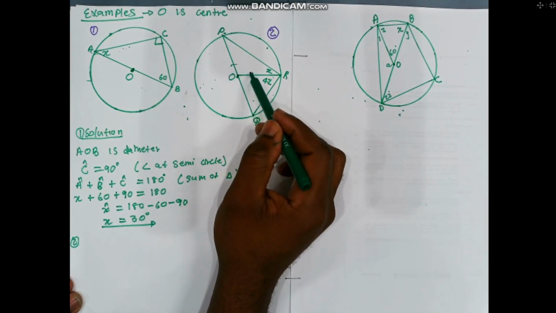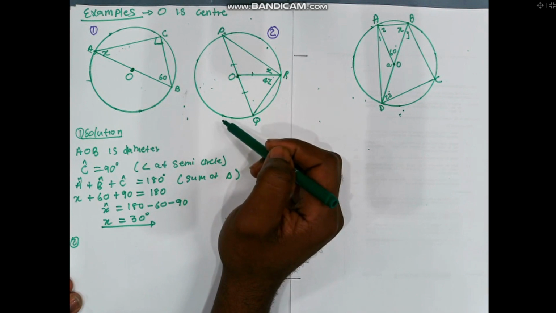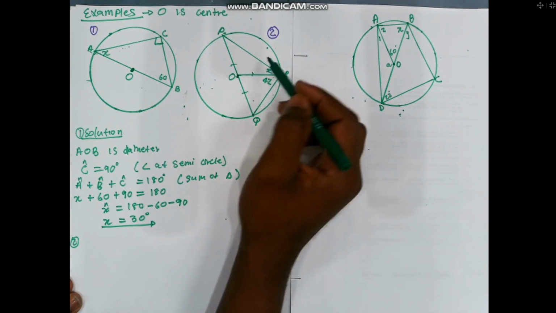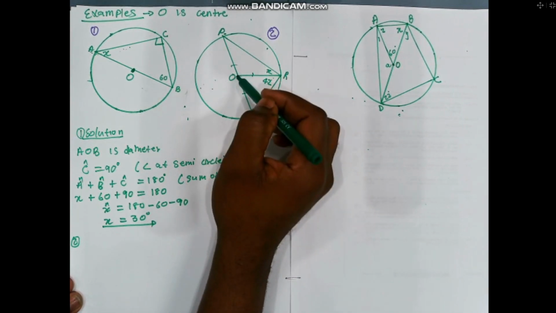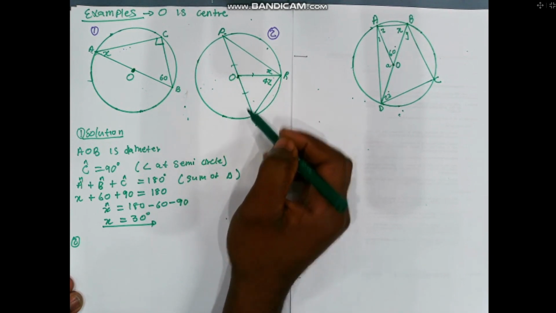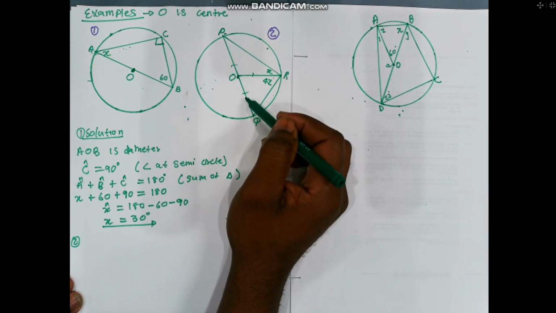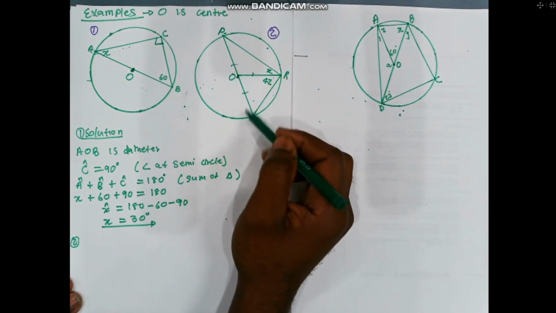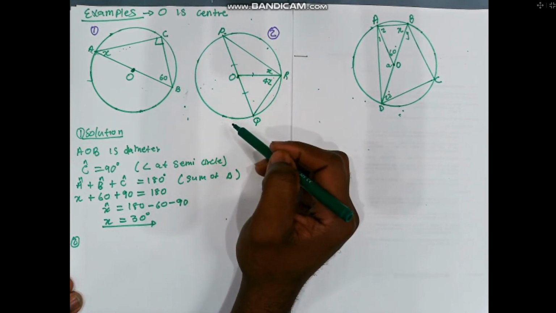If this one equals this one, then this one also equals this one. But we're not there now. OP and OQ is a diameter, since this and this are radii and they are passing through O, which is our center.